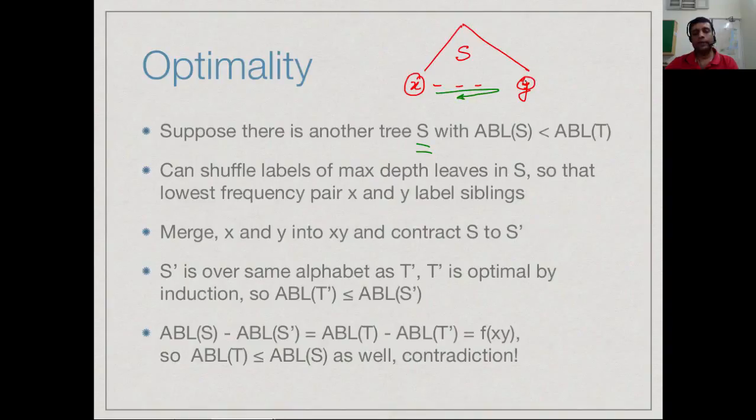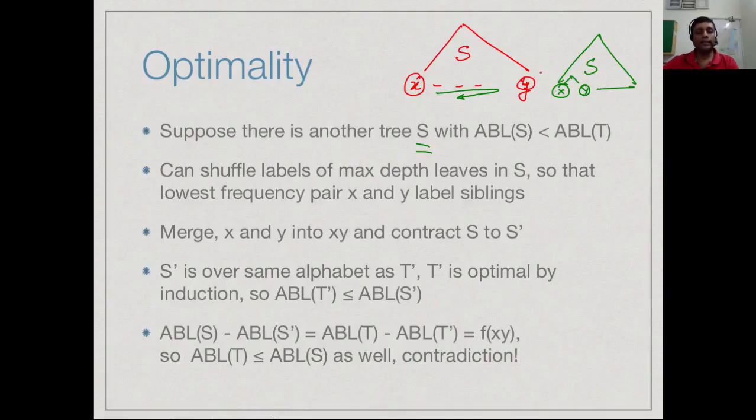At this depth, I can reassign letters to other leaves at the same depth, so that I come to a new S, which I call S again, where I actually have x and y together. So I can assume that the S that has this optimal property, which is better than the T I constructed, actually has x and y as sibling leaves at the maximum depth.